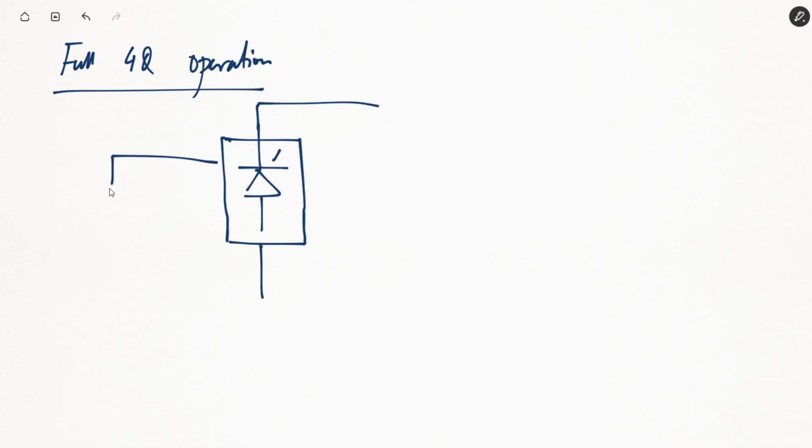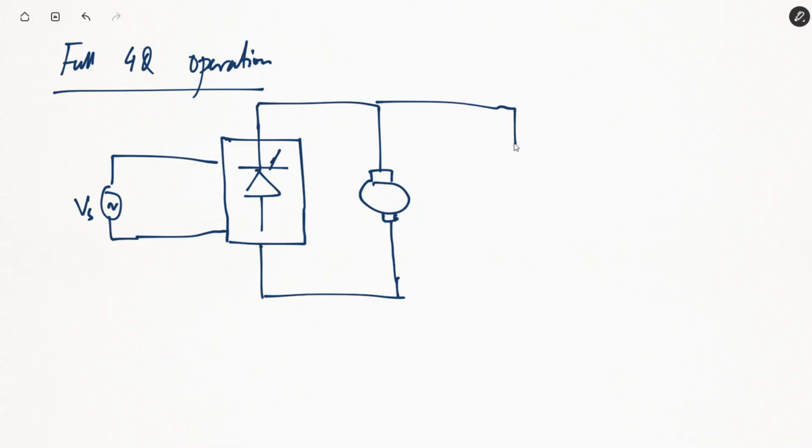There is an AC voltage Vs supplied to this bridge rectifier. We have the load, and that is the motor RLE load here, and we are connecting it across.